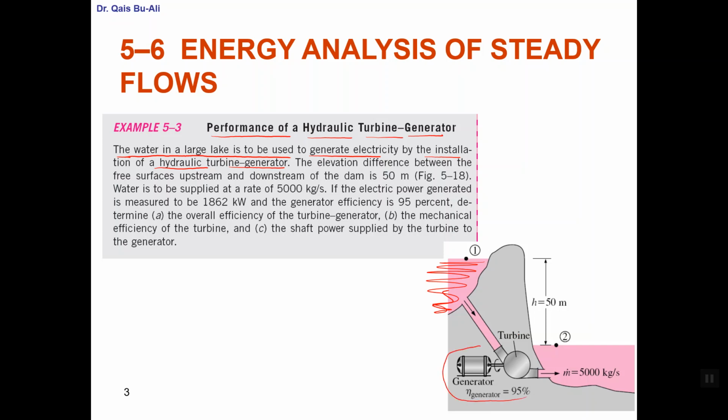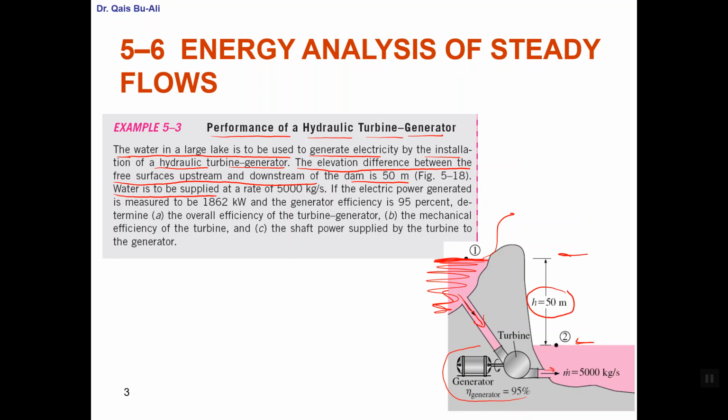Okay, turbine generator system. The elevation difference between the free surfaces upstream and downstream of the dam is 50 meters. So let us say this is the upstream. The fluid is coming like this and going downstream. So from here to here, this distance is 50 meters, as is shown in the figure.